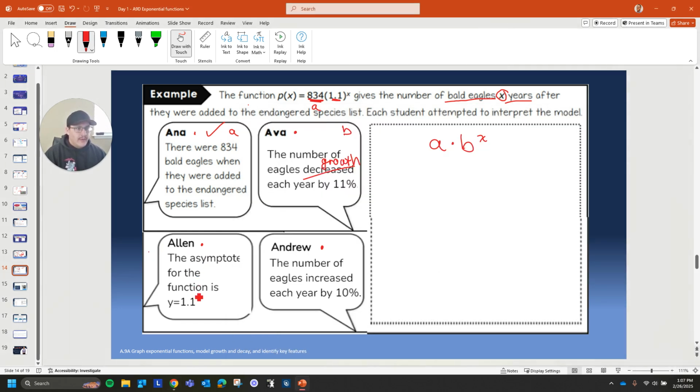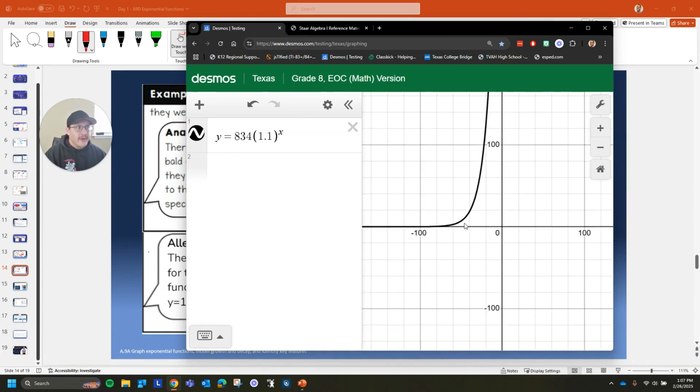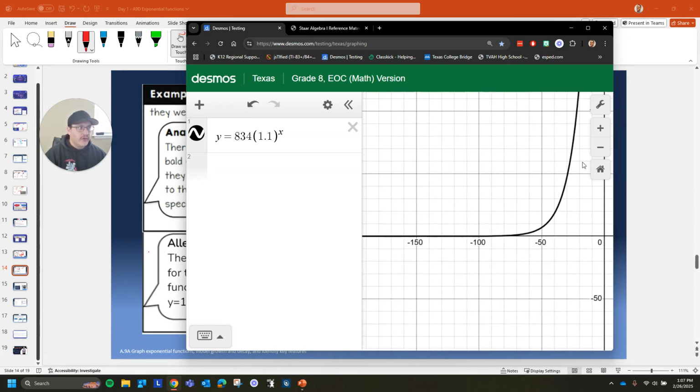Okay, the asymptote for the function is y equals 1.1. Is that true? Well, let's say we don't have any clue what anything from the equation is telling us. Let's just look at the graph. So the asymptote is that imaginary line that the graph will never touch as it continues in one direction. So in this case, going to the left.